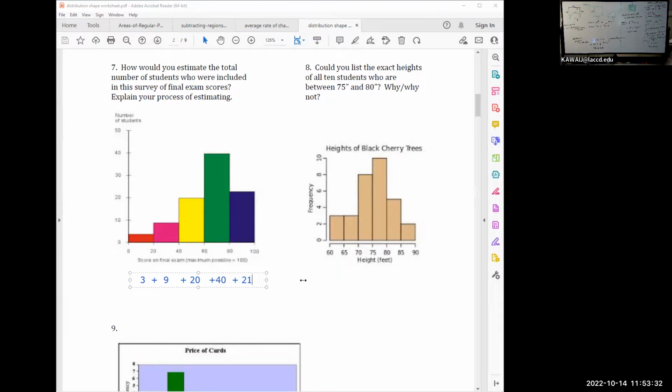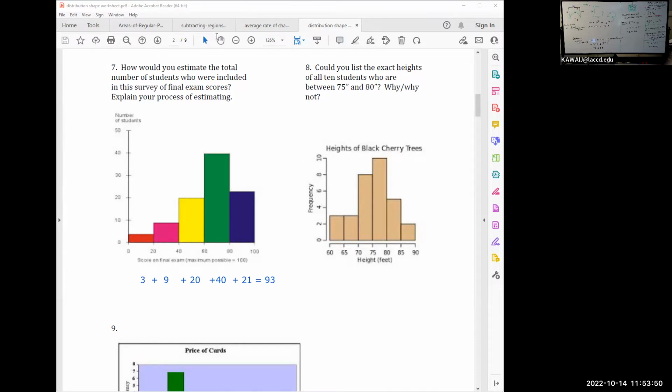So the best you could do in this graph is estimate. So the number of students who filled this out would be roughly 93. Okay, so I'm just counting how many are in each block.